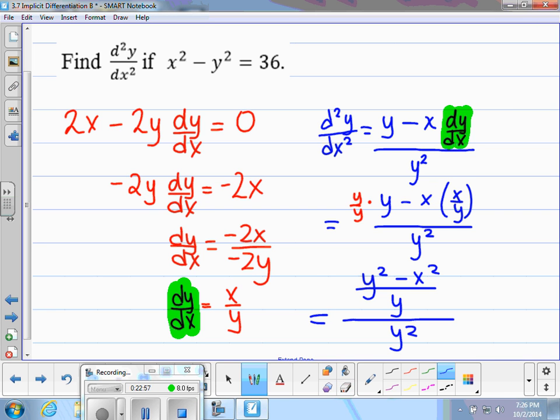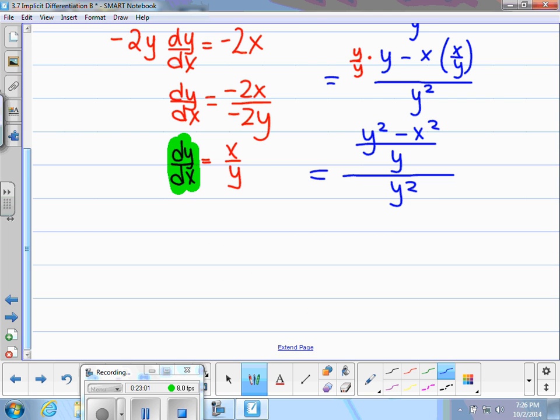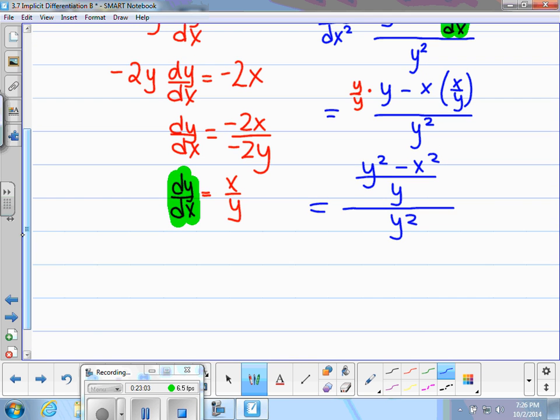All right. Let me give myself some more space. Okie doke. So I'm going to go ahead and get rid of this by multiplying the top fraction by the reciprocal, which is 1 over y squared. Okay, so now what I have is y squared minus x squared over y cubed.